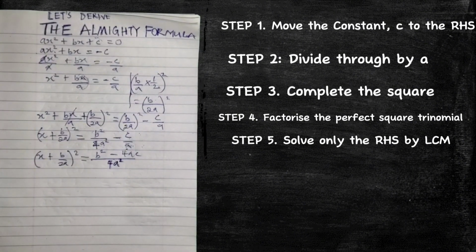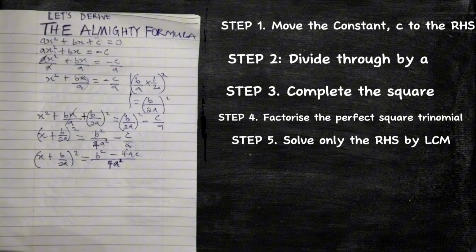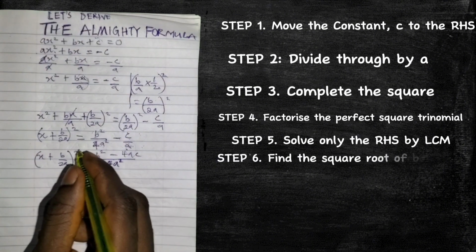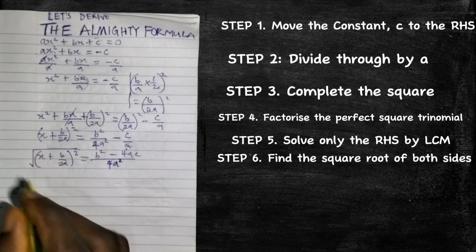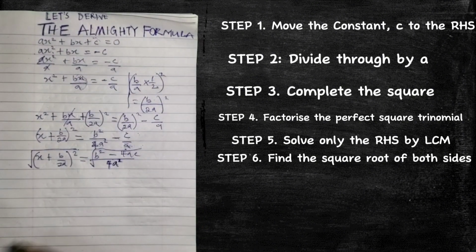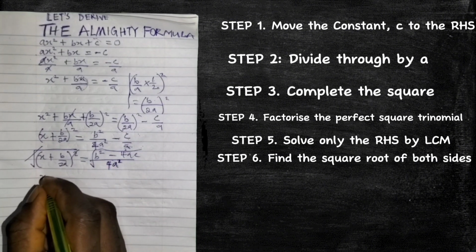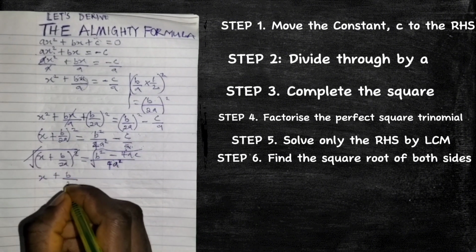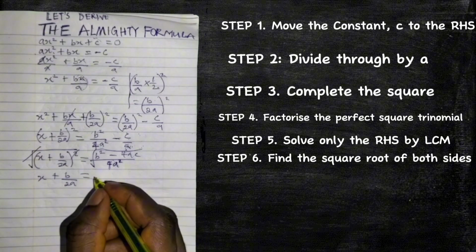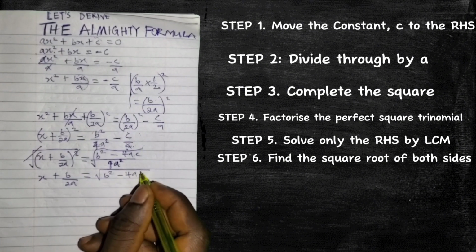Now at this point we see a square and we want to eliminate it, so we introduce the square root. We find the square root of this, and anything you do to the left hand side, you must do to the right hand side. The square root will cancel the square sign, and we now have x plus b all over 2a is equal to square root of b squared minus 4ac.